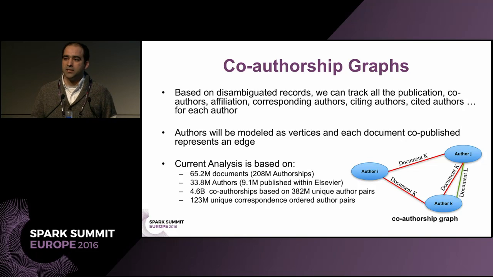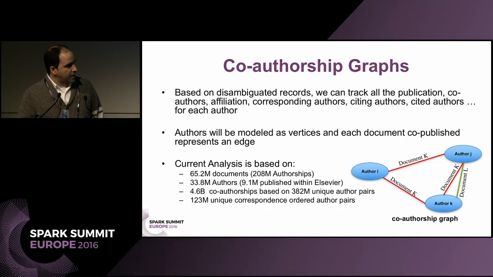The trick and the challenge here is that each edge is of a distinct type. So each edge is a document which represents a lot of information. Yes, authors I and J published together in this document, but there is a lot of context in this information.